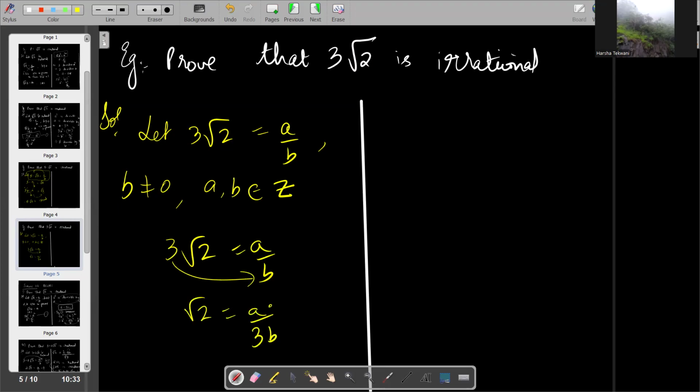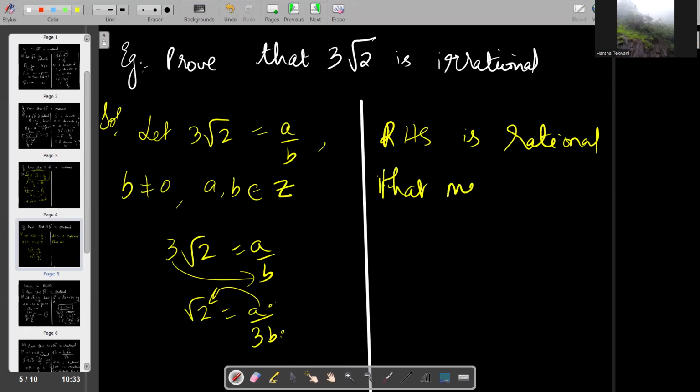Guys, a is integer, b is integer. Integer by integer gives us integer. That means right hand side is rational. As per the mathematical equation, right hand side is equal to LHS. That means LHS also should be rational.